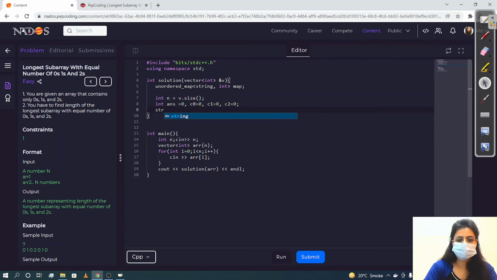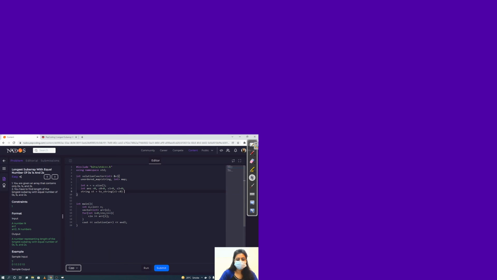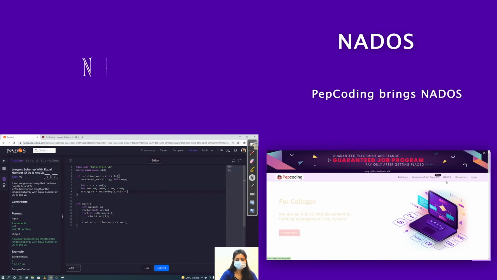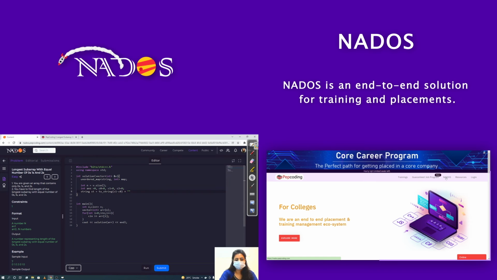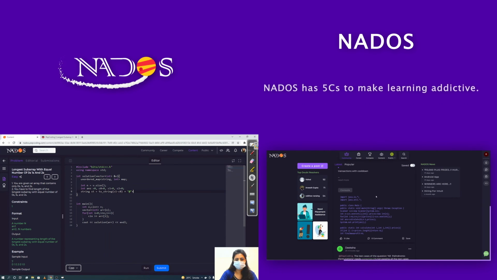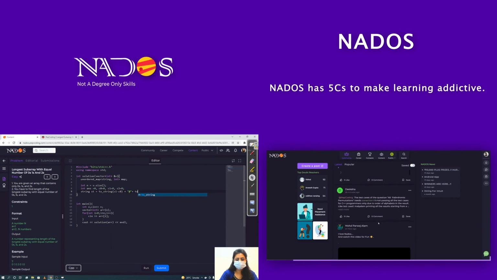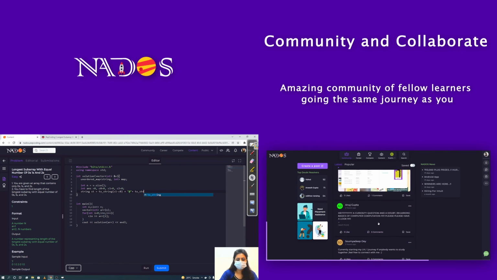Let's just make the string st, which is the key. So it would be toString c1 minus c0, plus at the rate, plus toString c2 minus c1, right?